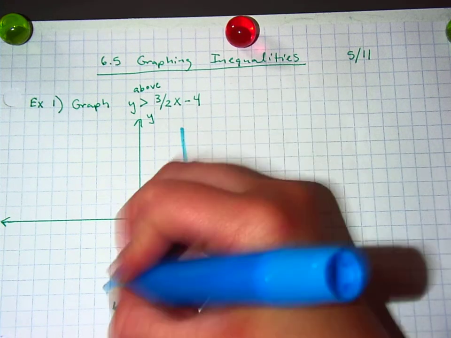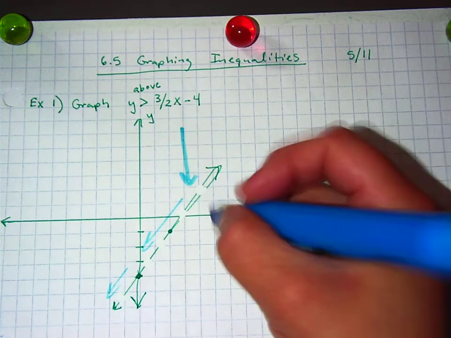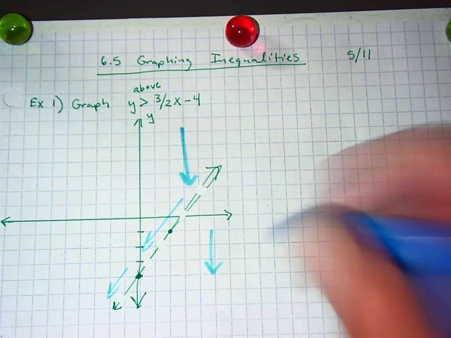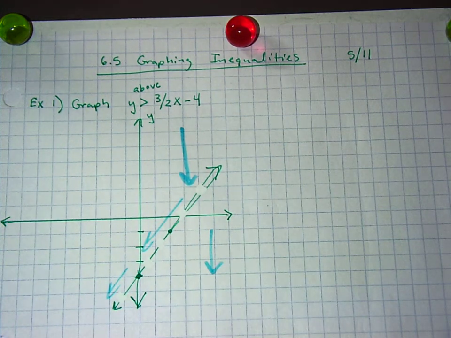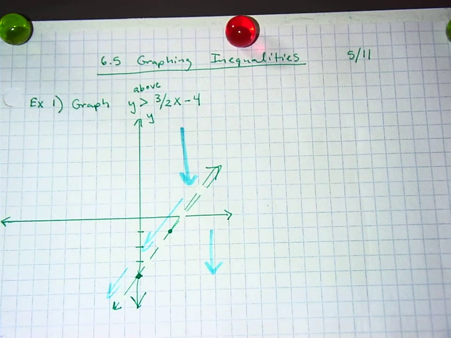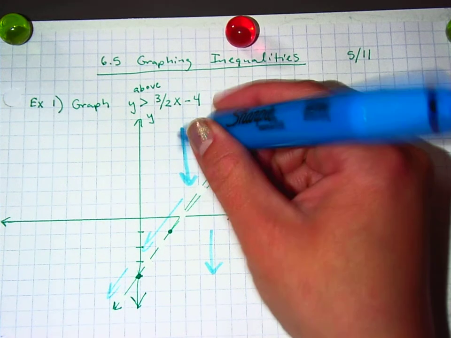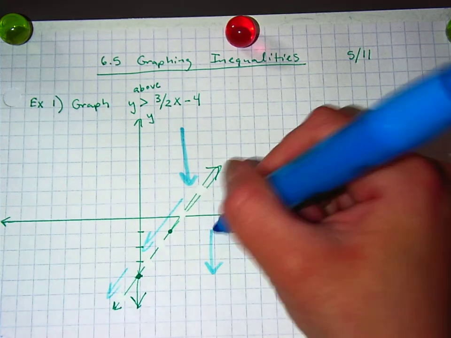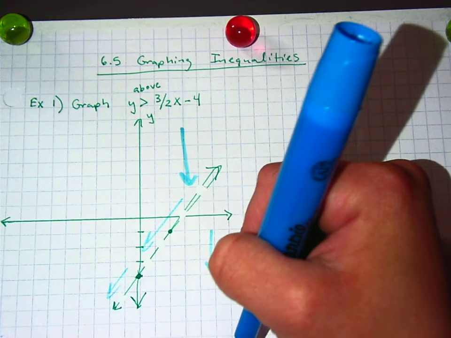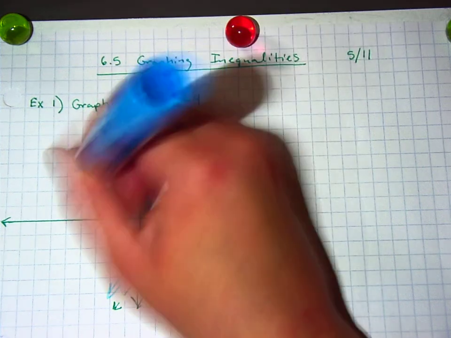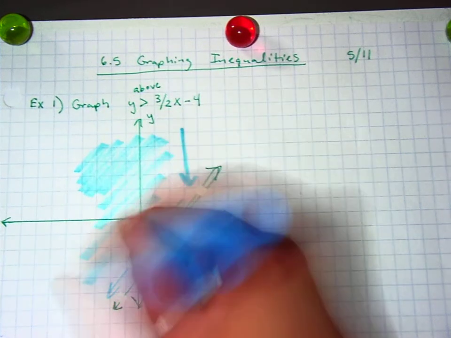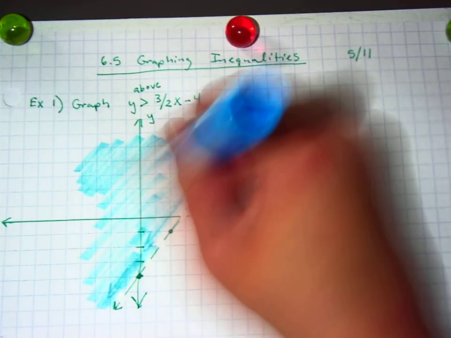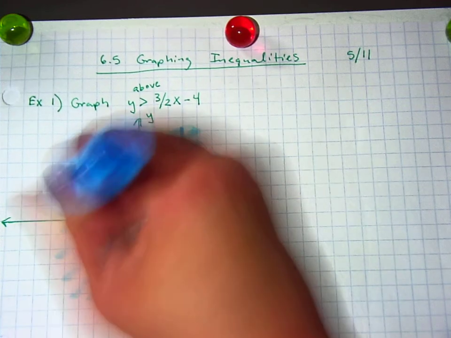But if I had water over here, it would just go straight down. It would never hit the line. So here's the rule. If you would pour water on the line and it would hit the line, you're above the line. And if you would pour water and it would fall just straight down, you're below the line. So the answer to this question is shading everything that's above this line.